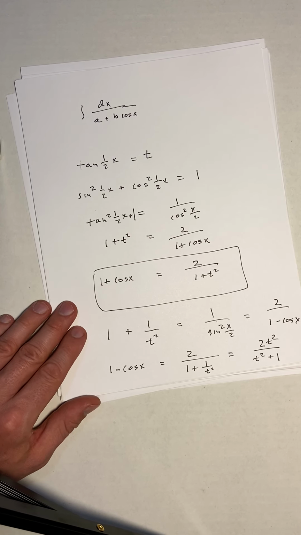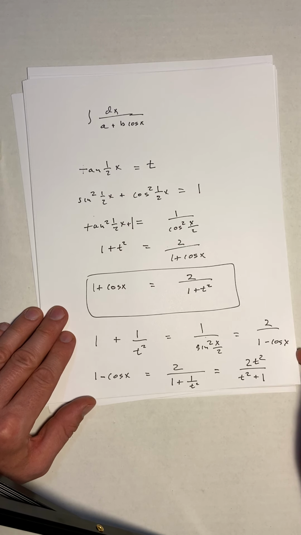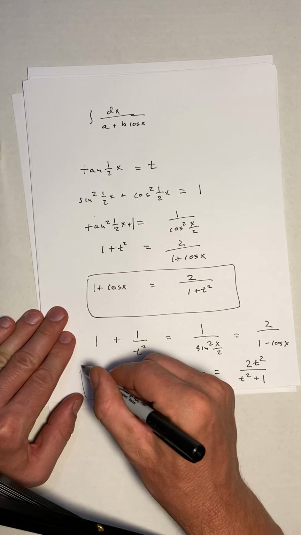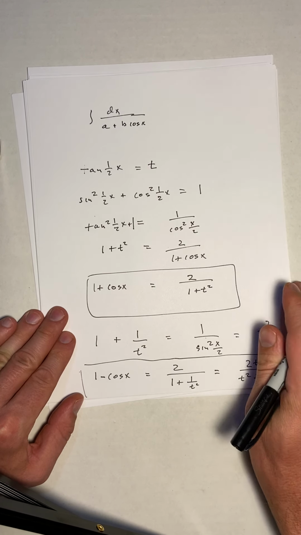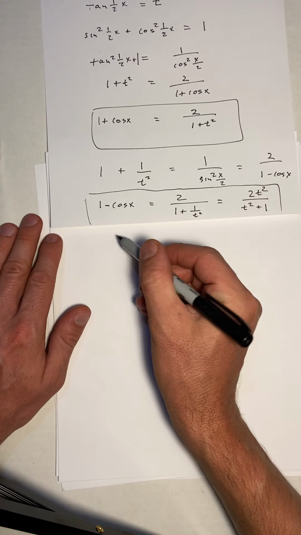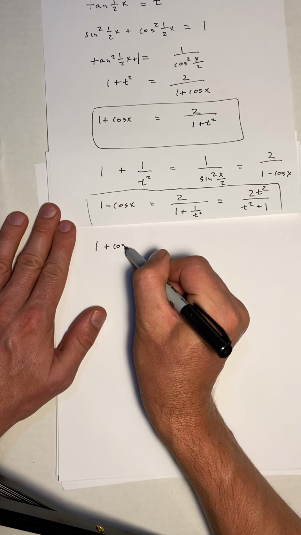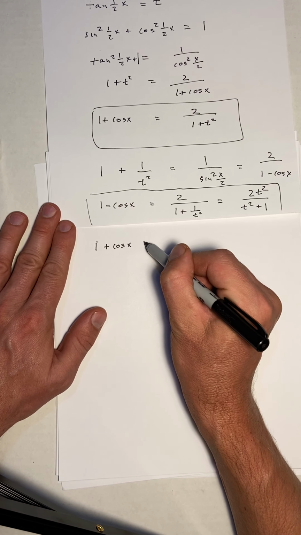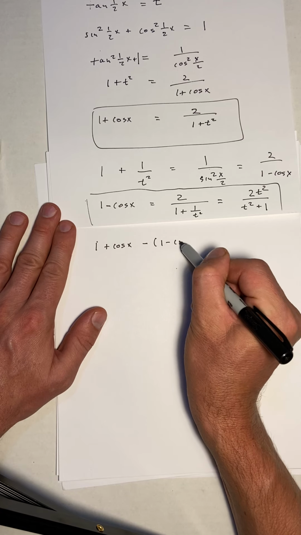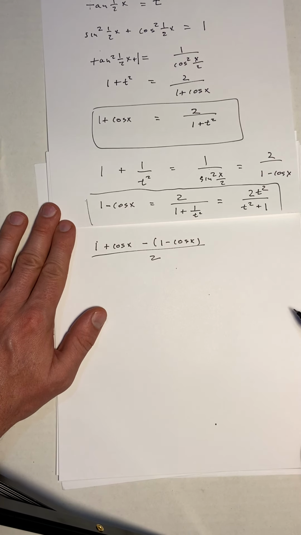All right, now let's go ahead and figure out what cosine of x is in terms of t and what sine of x is in terms of t. So cosine of x could be written as 1 plus cosine of x minus 1 minus cosine of x, whole thing divided by 2. The ones cancel out and I get 2 cosine of x.